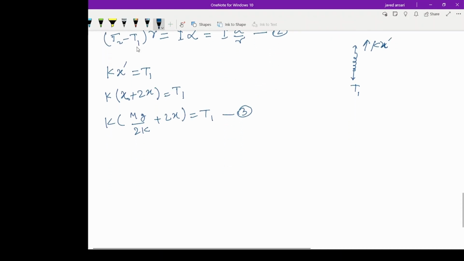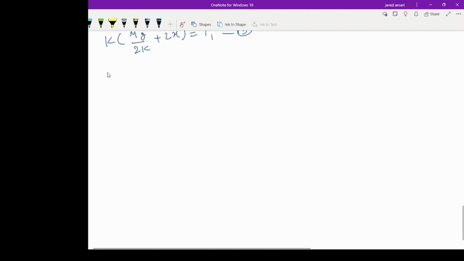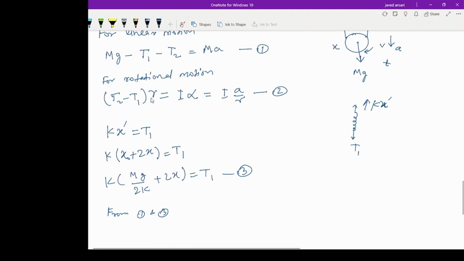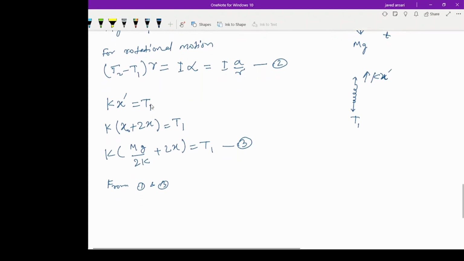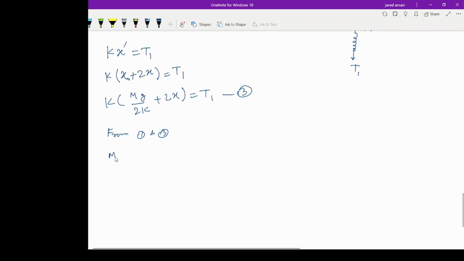So from 1 and 3, mg minus T1 minus T2 equal to ma. mg minus T1 is mg minus mg by 2 minus 2kx, minus T2 equal to ma.